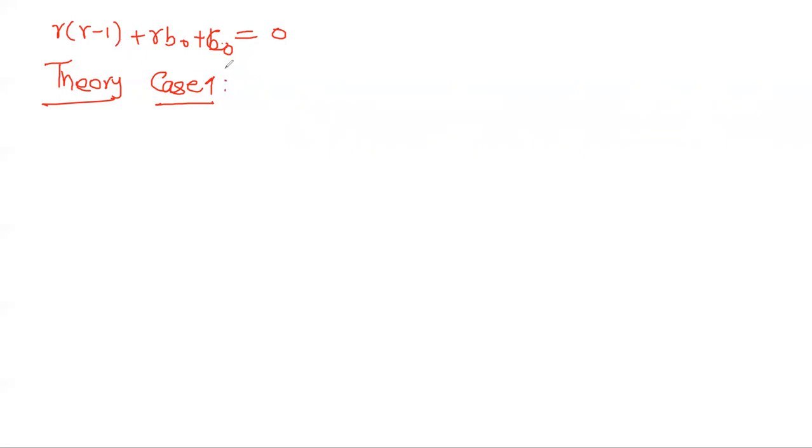In all three cases, we will be considering real roots. For example, from this equation we can find two roots, r1 and r2. r1 and r2 may be different, and they may be the same as well.